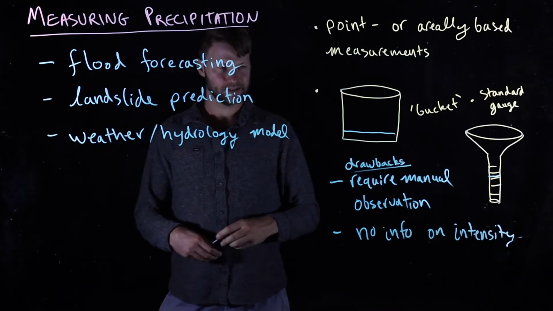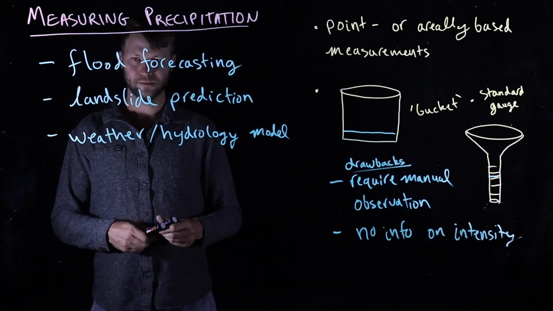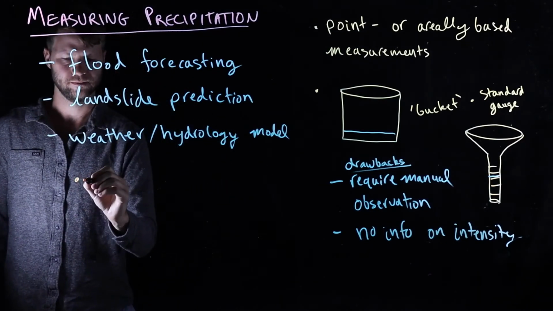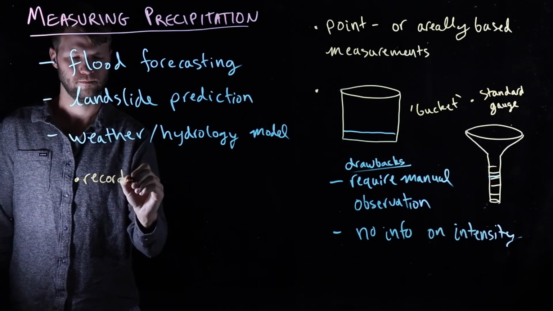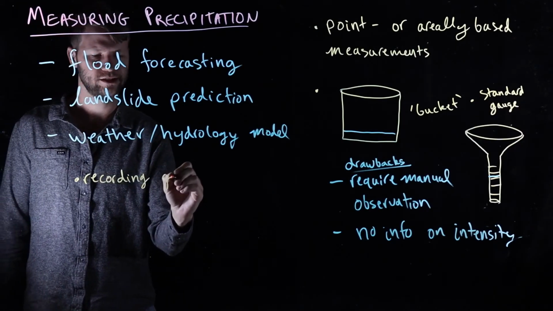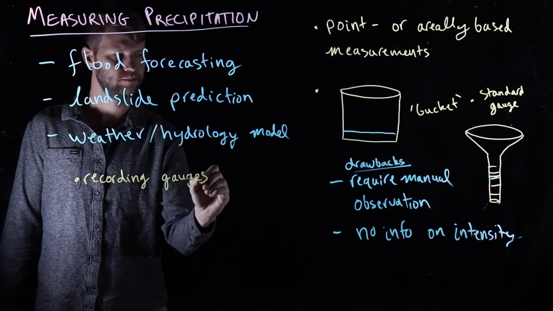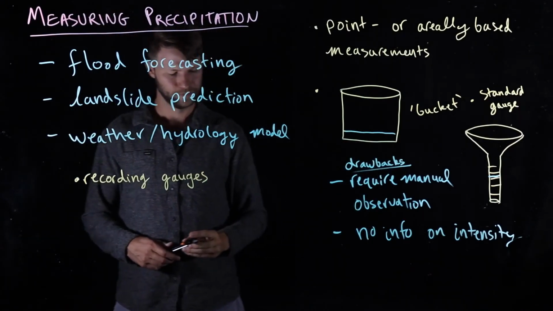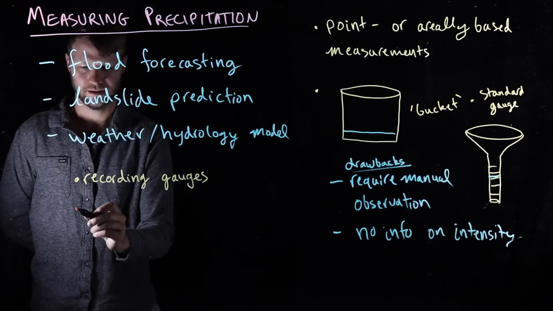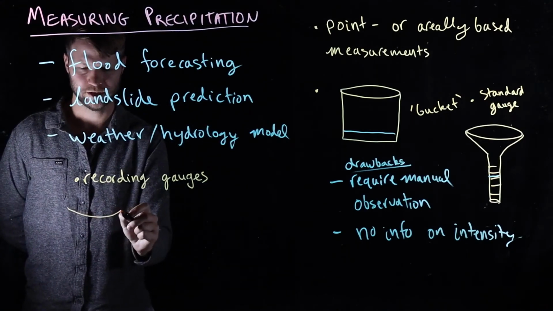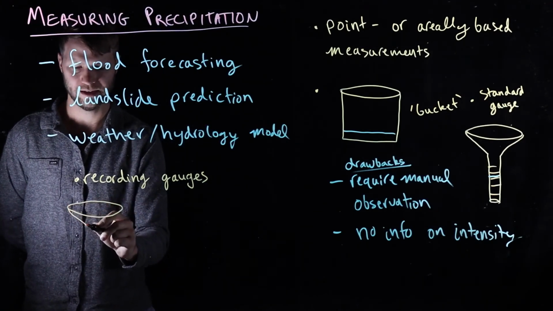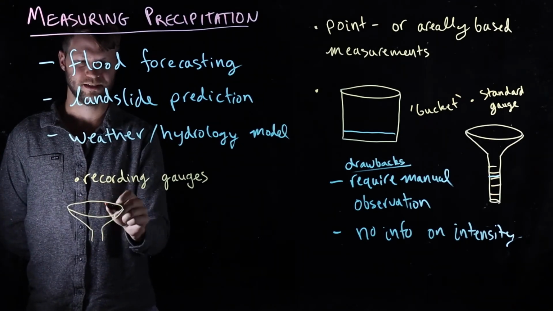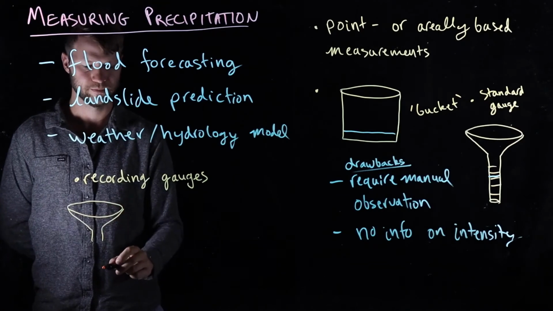In contrast, there are other types of aerial-based measurements that are known as recording gauges. And these gauges are designed to overcome both of the drawbacks associated with the bucket type and the standard type gauge. The first one is known as a tipping bucket gauge, and it has the same kind of entrance funnel as the standard gauge, so it's collecting precipitation, it's funneling it down.